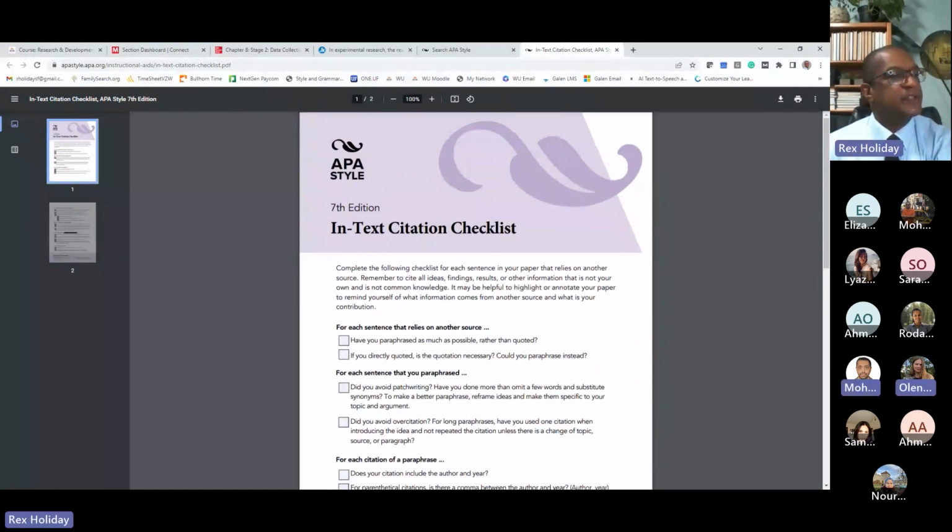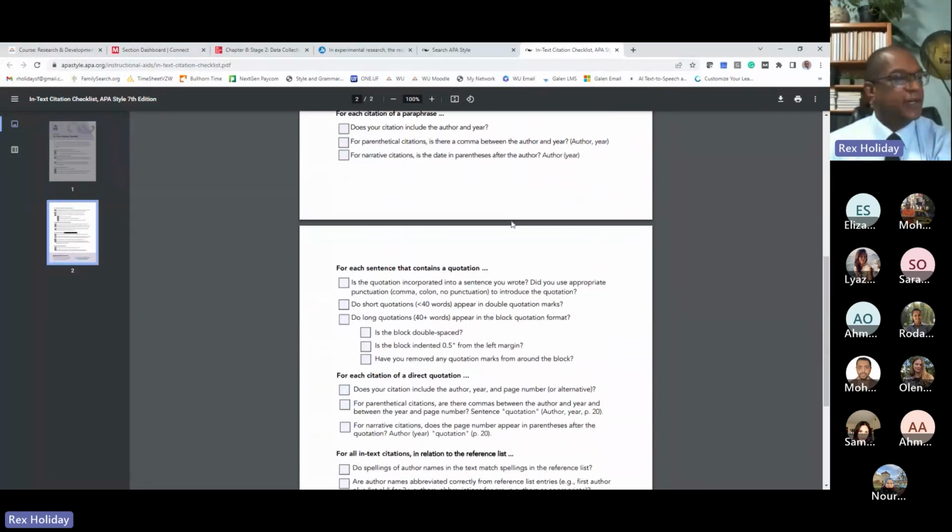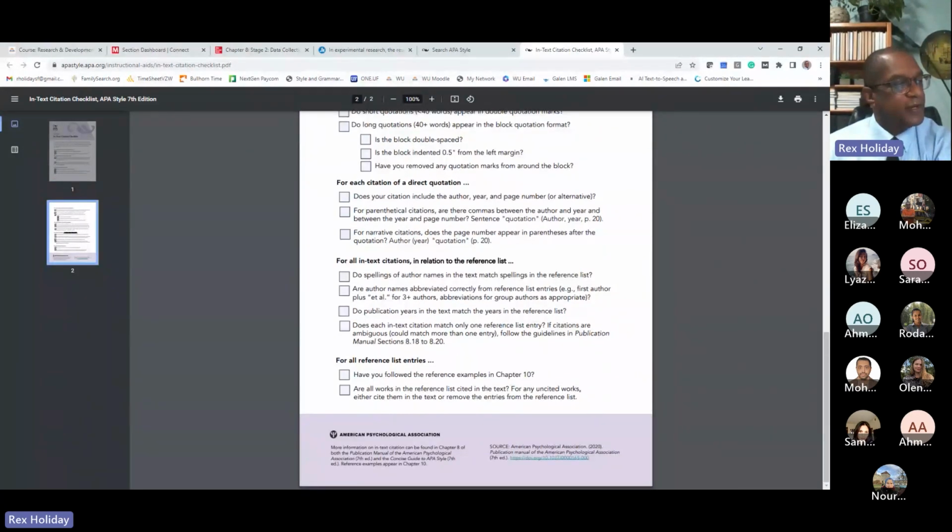It says in-text citation checklist. Okay, so I'm going to scroll all the way down here, and it says for all reference list entries, are all works in the reference list cited in the text? For any uncited works, either cite them in the text or remove the entries from the reference list.